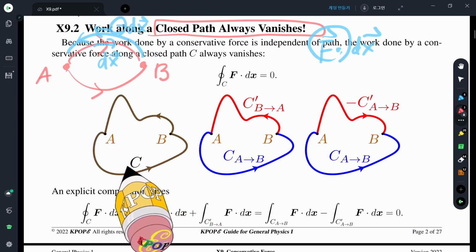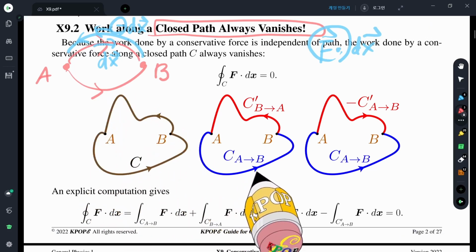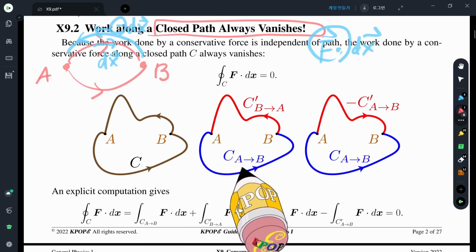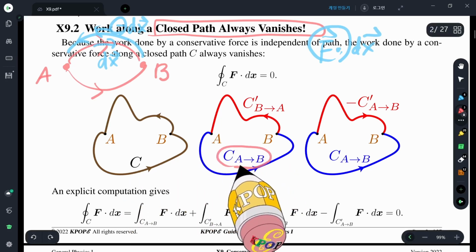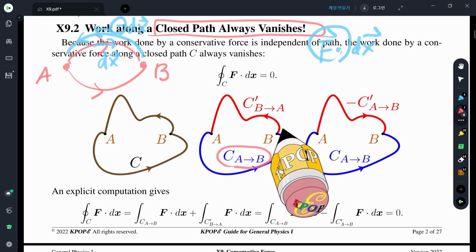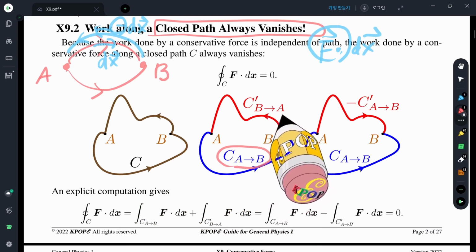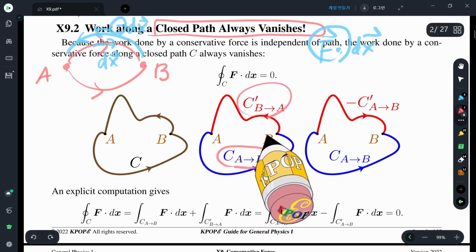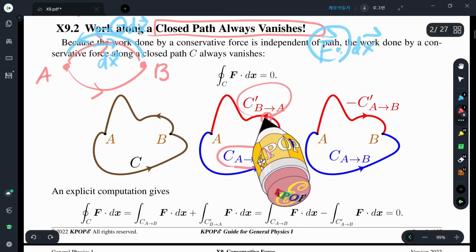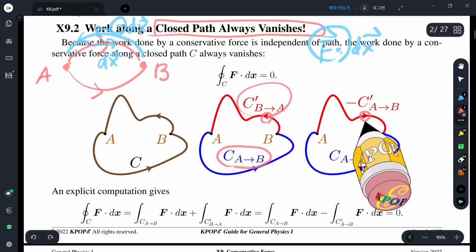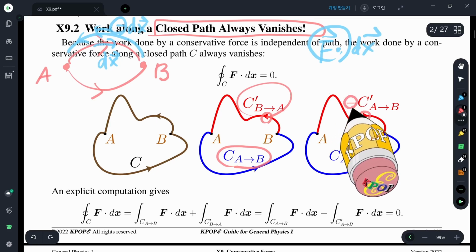This one can be expressed as a sum of two parts: along this path, A to B, and the other part is B to A, C prime. But if I flip the direction, what I have is a negative sign on it.